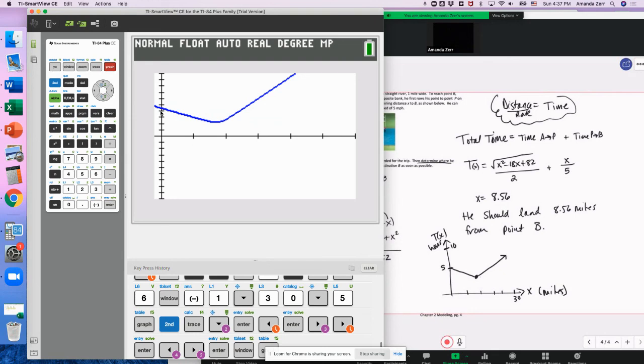And then I just want to label that point. And it was at 2.26.